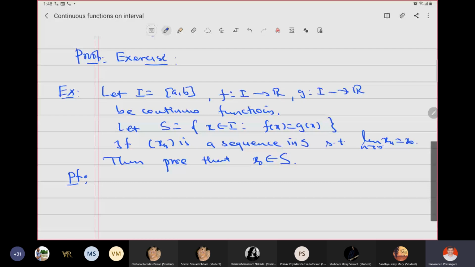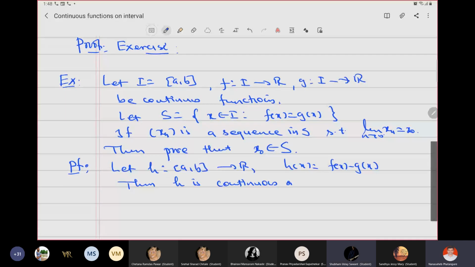So what problem did we discuss? Let h be a function defined on AB, and h of x is f x minus g x. Suppose I define this, then h is continuous. Is it true? Yes, sir. So h is continuous. And what is set S? X belongs to I such that h of x is equal to 0.